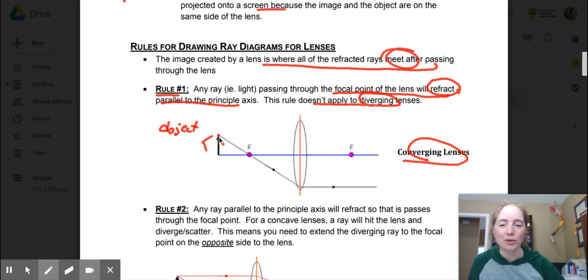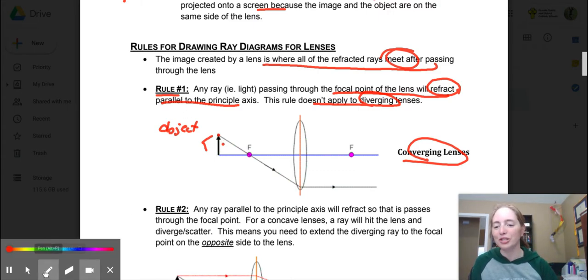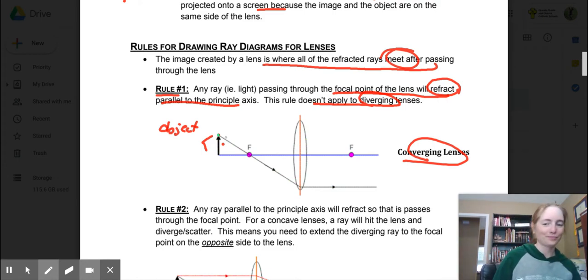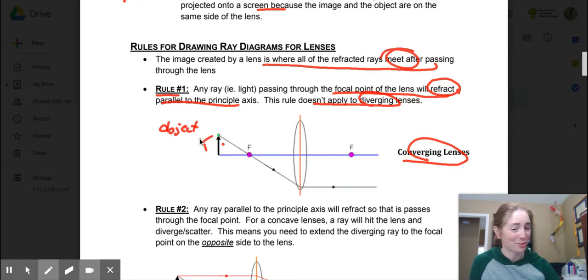Okay, so we're going to start here. I'm going to switch colors off of red so it's a bit easier to see. We're going to start at the very top of our arrow, and for this, please use a ruler. I can't really easily use rulers with this writing pad, so I highly recommend you use a ruler with this.